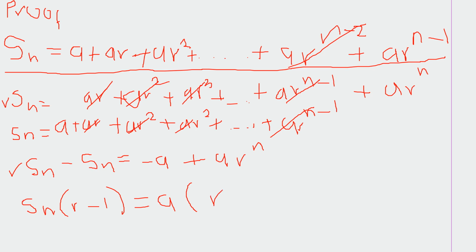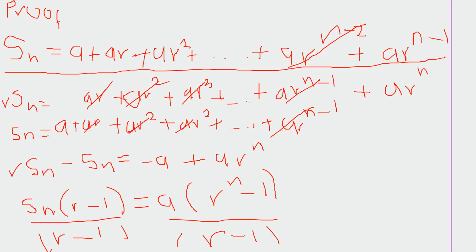We can just write it as R to the power of n minus 1, which is the same as negative 1 plus R to the power of n. So you divide both sides by R minus 1 so that you can be left with Sn. Then your Sn will be equal to this here.